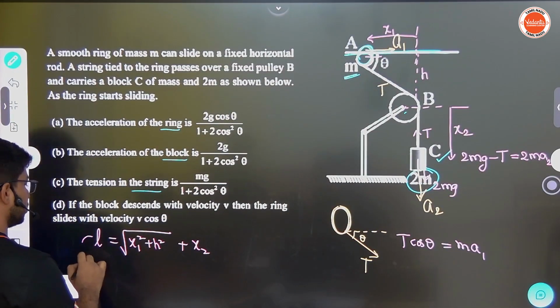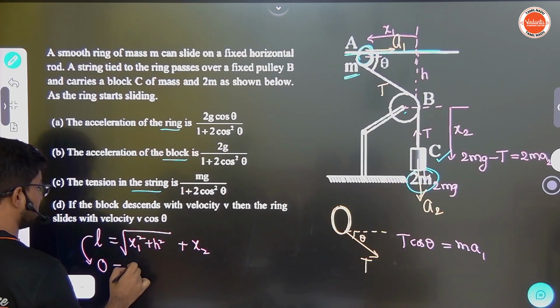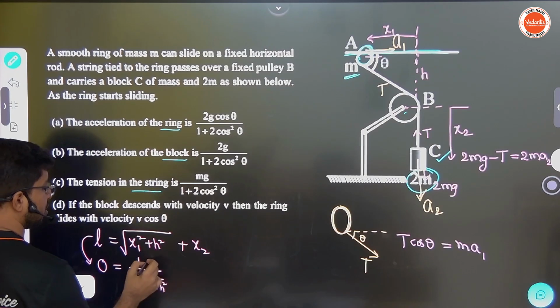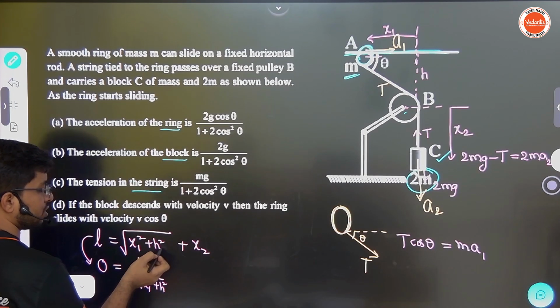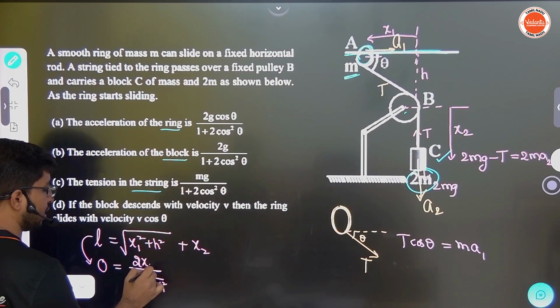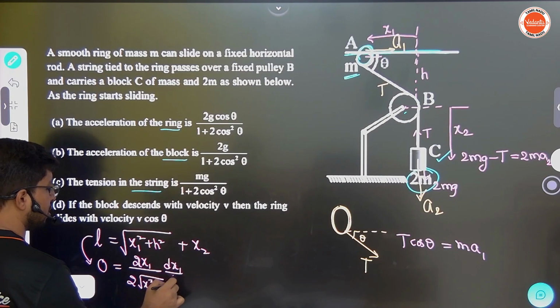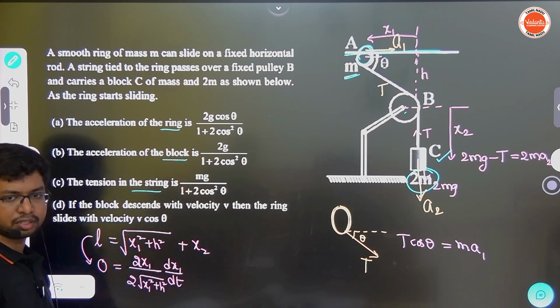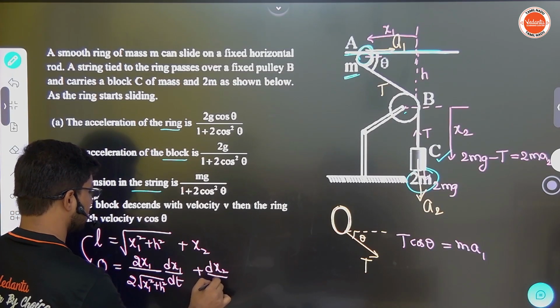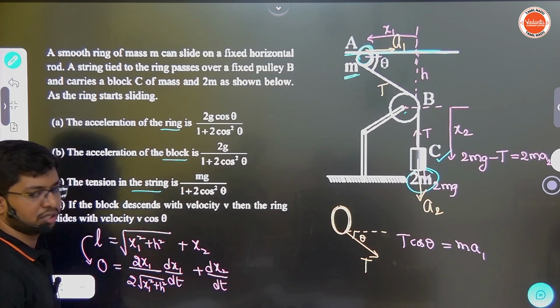If you differentiate once, you'll get 0 equal to 1 by 2 root x1 square plus h square into, h is anyways constant so its differentiation will become 0, 2x1 into dx1 divided by dt, plus dx2 divided by dt.